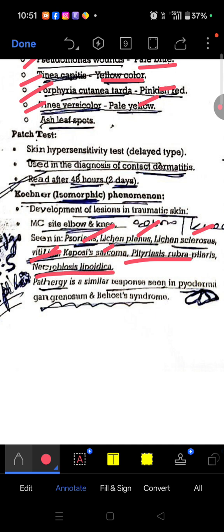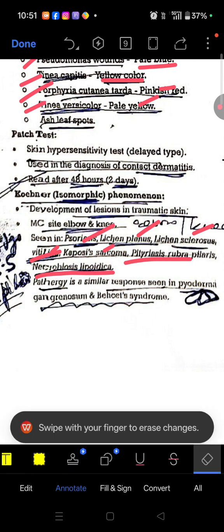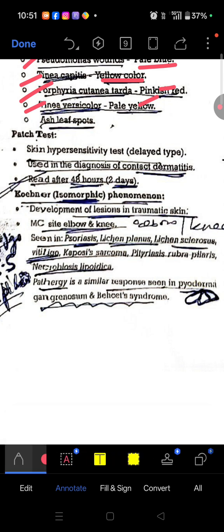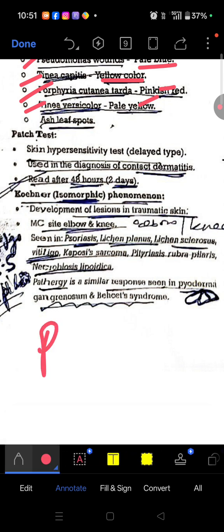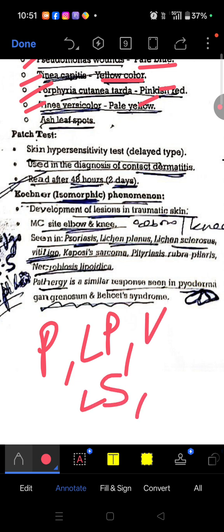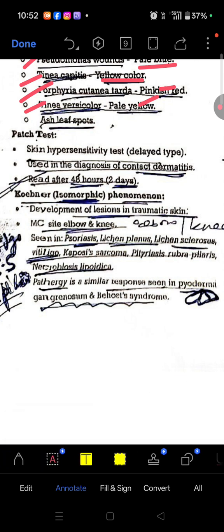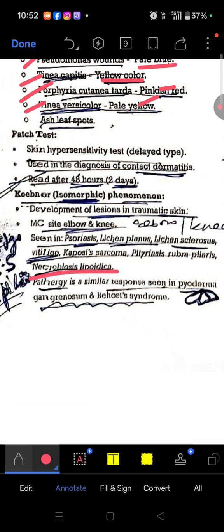So all these conditions, Koebner phenomenon, also known as isomorphic phenomenon. It is seen in psoriasis, lichen planus, vitiligo, lichen sclerosus, Kaposi sarcoma, also pityriasis rubra, and necrobiosis lipoidica. So this name is frequently asked in the exam.